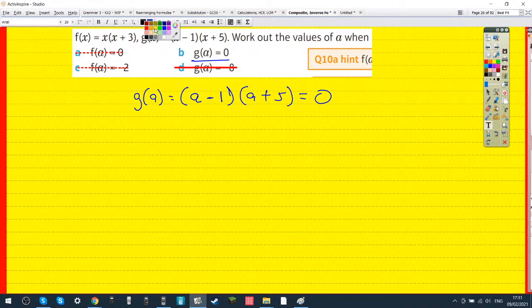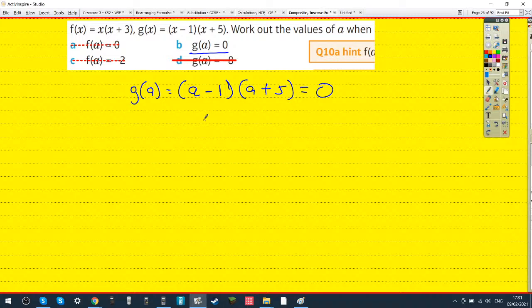So A minus 1, two numbers multiply to make 0. Give me 2 examples.